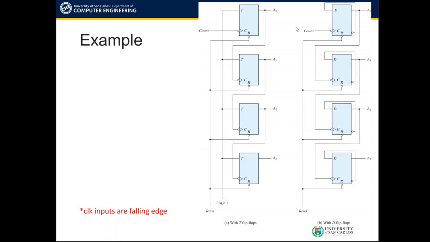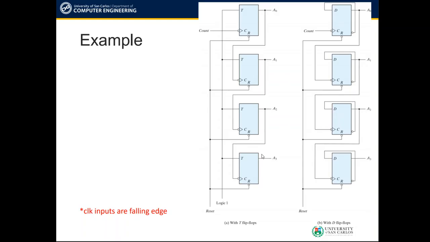Let's first look at the T flip-flop. Observe that the output of flip-flop A0 is connected to the clock source of the next T flip-flop, and this flip-flop is connected to the next, and so on.